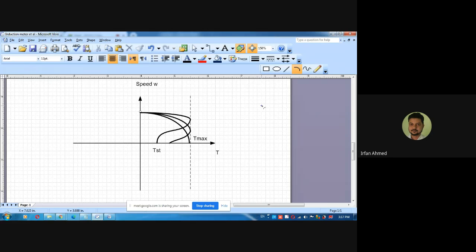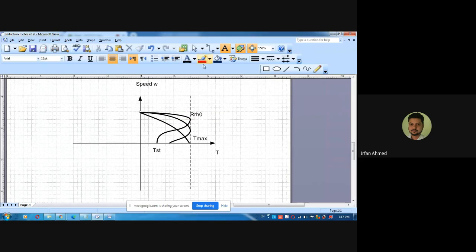If you go on increasing the rotor resistance, it is possible that your maximum torque occurs at the time of starting. Okay, clear? Any questions?